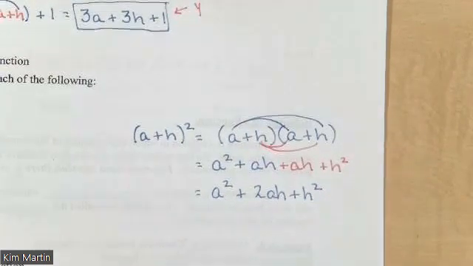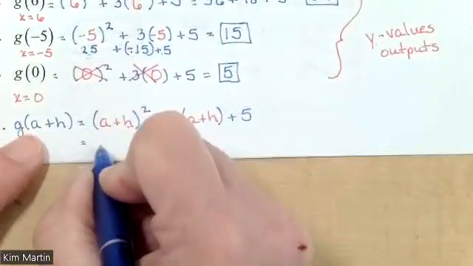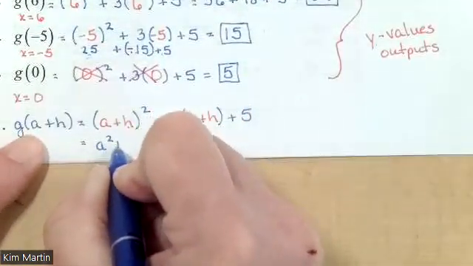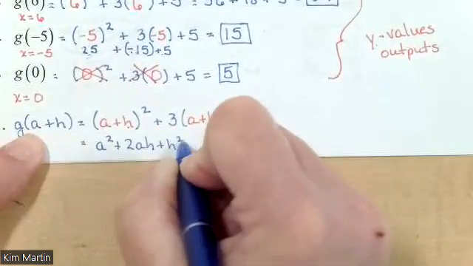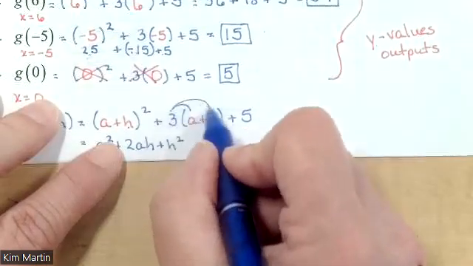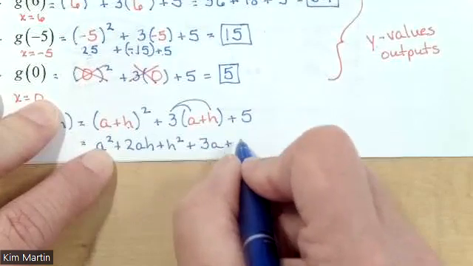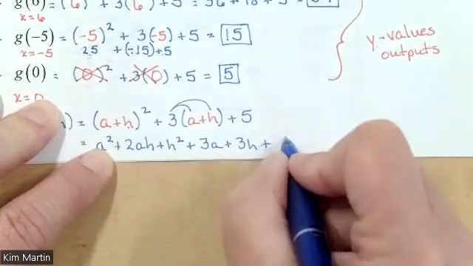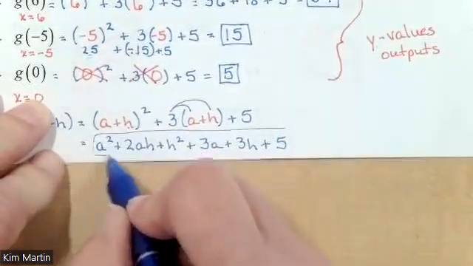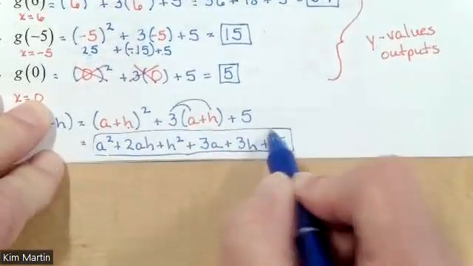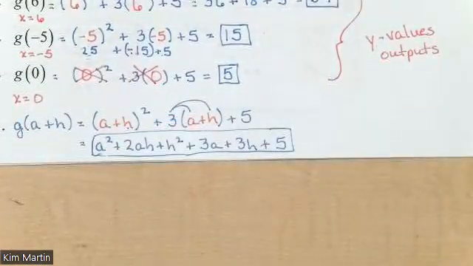That's why you have to know it. So we already have our answer: A squared plus 2AH plus H squared. This I have to distribute. I get plus 3A plus 3H plus 5. I can't simplify it any further. So that's my output.